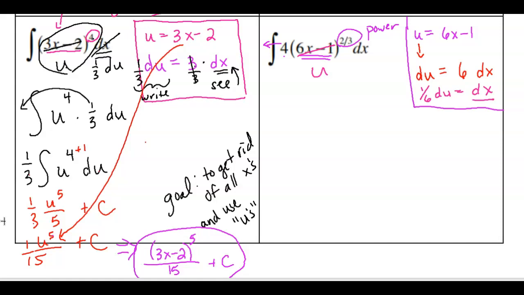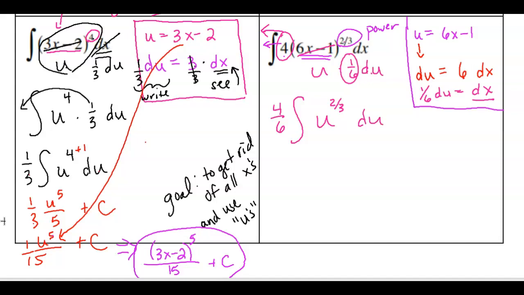So if I see dx, which I do, I can write this. Now, this and the 4, because everything's being multiplied, can come out. So we have 4/6 integral u to the 2/3 and the du.